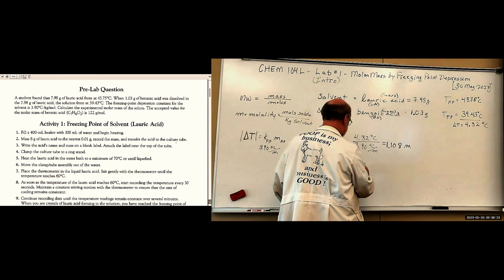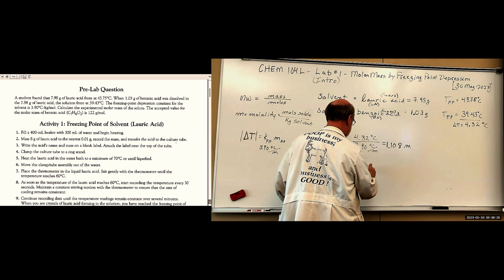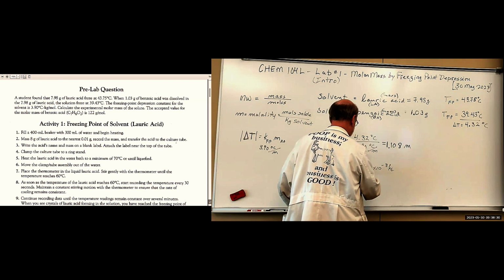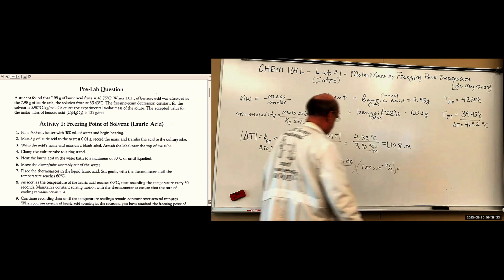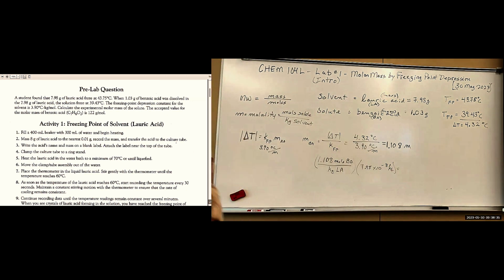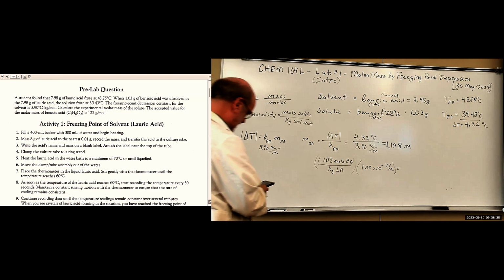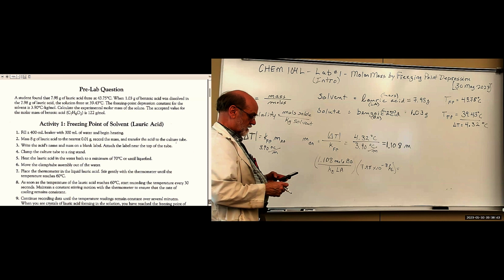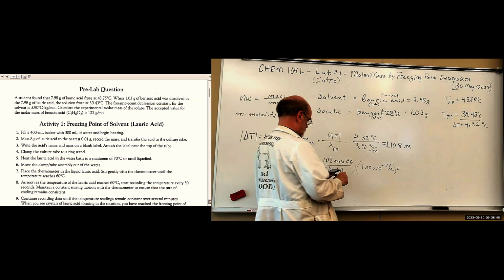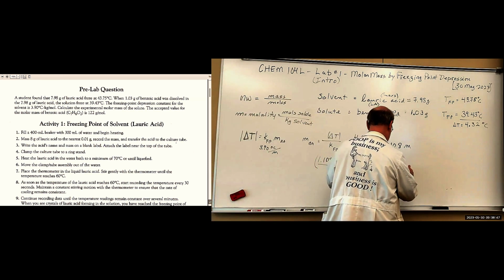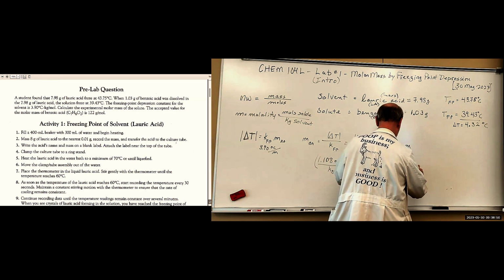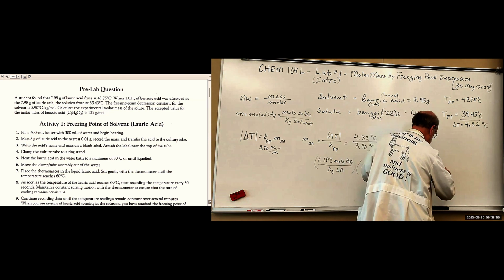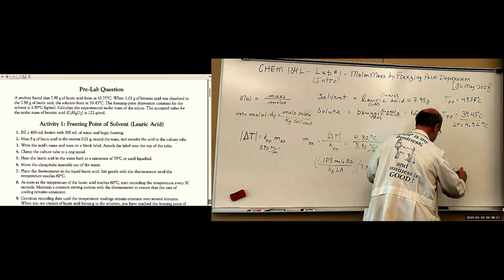So how many kilograms do we have? 7.98 times 10 to the minus 3 kilograms. And I get 8.839 times 10 to the minus 3 moles.